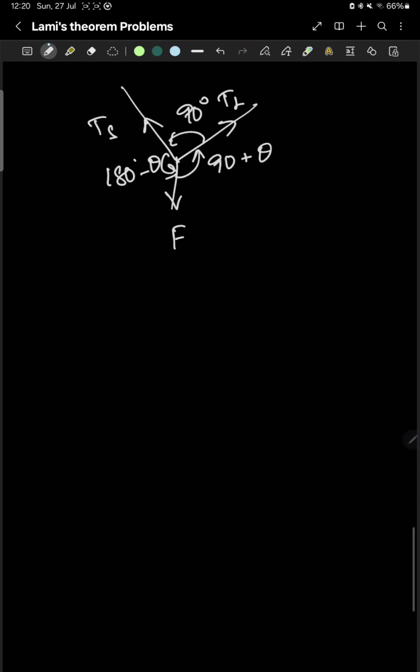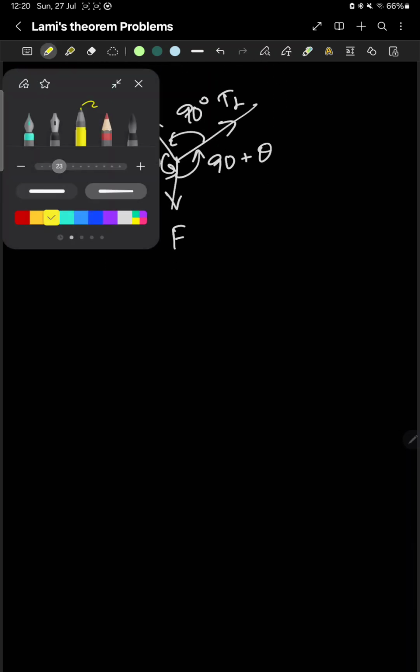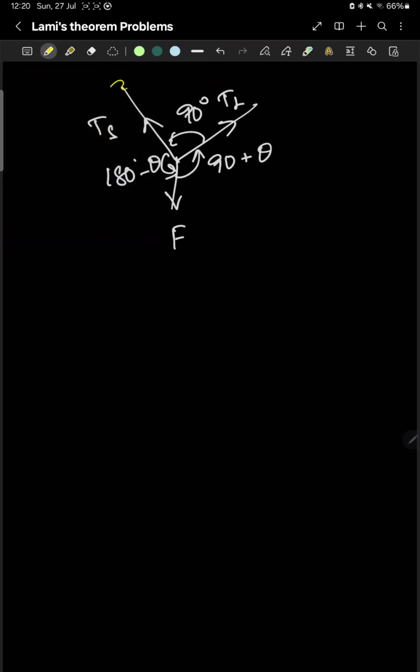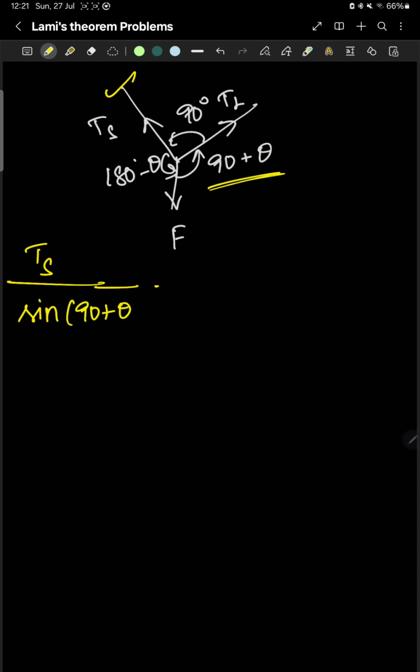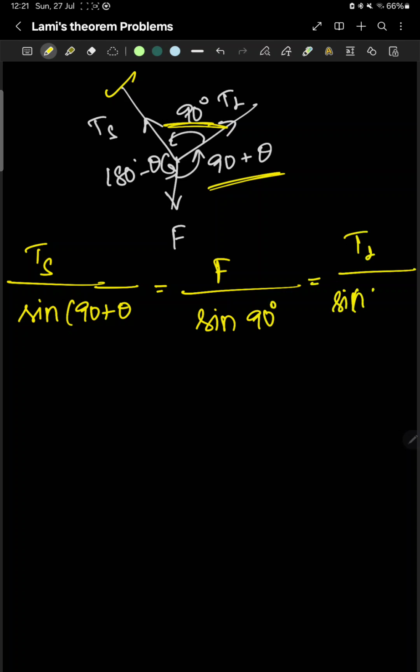So if I apply Lami's theorem here, first I am considering the shorter tension. So Ts divided by sine of the angle between the opposite two forces, which is sine 90 plus theta, which is equal to F divided by sine of the angle between the opposite two forces, which is 90 degree, so sine 90, which is equal to the longer one, TL divided by sine of 180 minus theta.